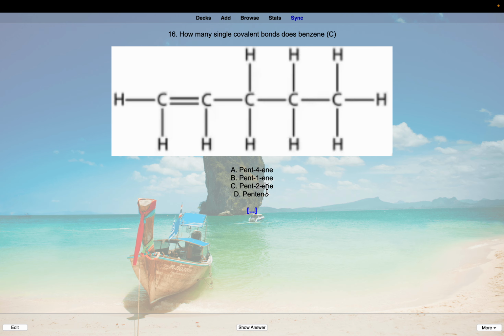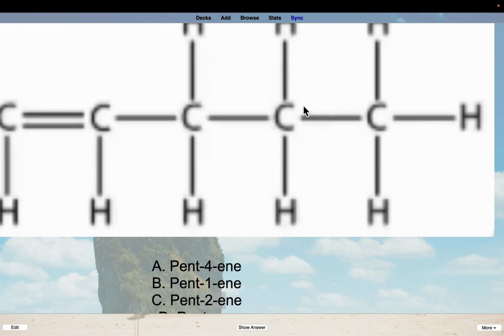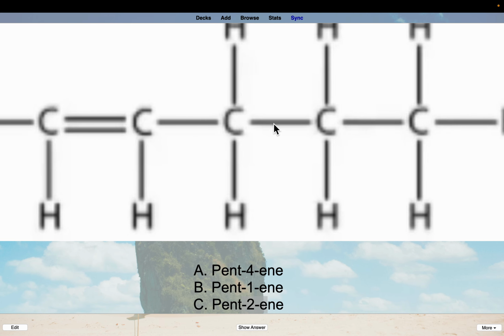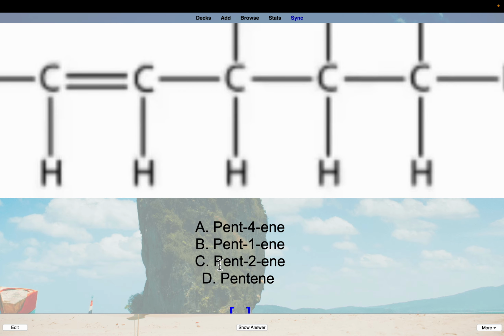So pent-2-ene is wrong. If ever you start counting from the right, and let's say the double bond is here, then technically it's still pent-1 because the carbon that you are counting is the first one. Let's say the double bond is located here. Then you count the second carbon. This is when this choice becomes correct, pent-2-ene.